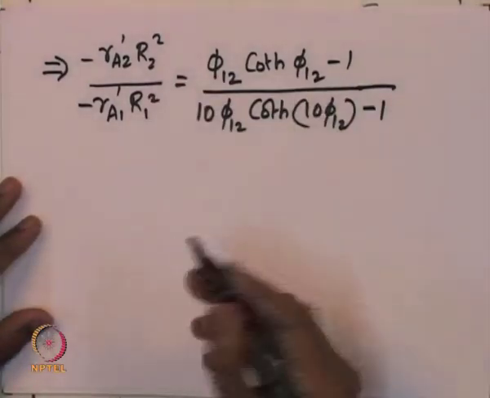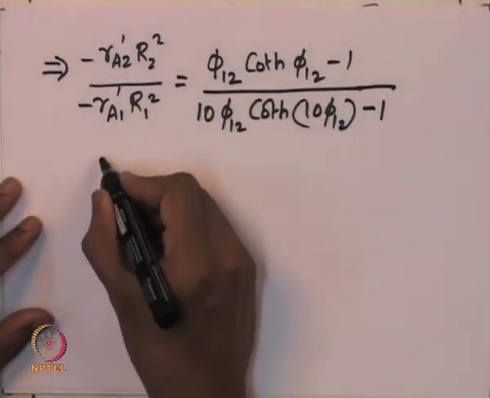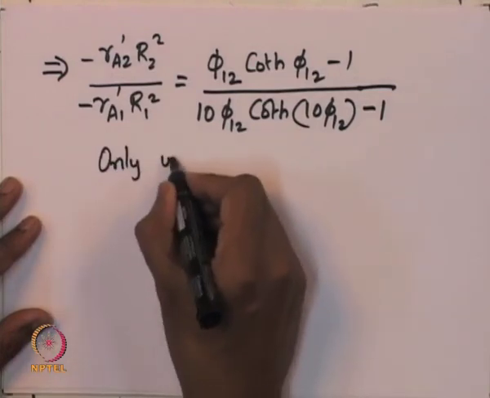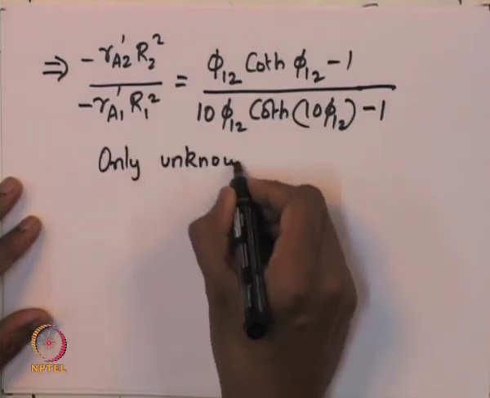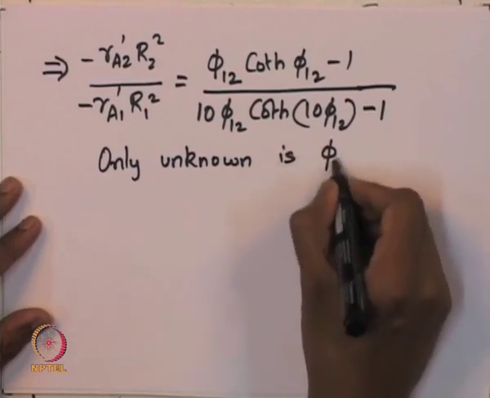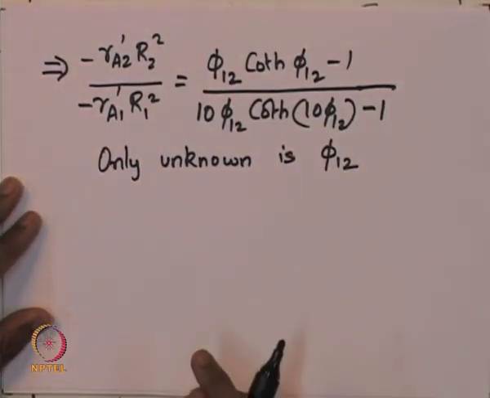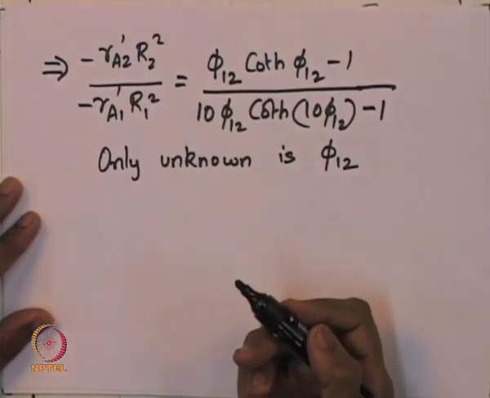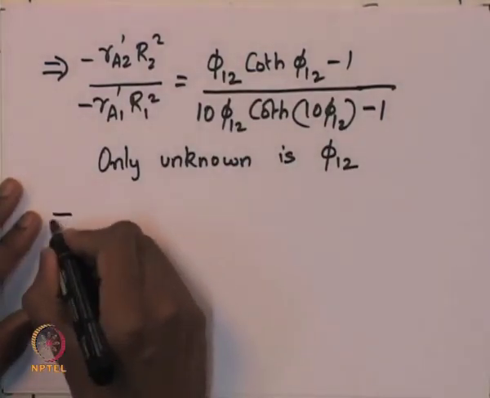So, all the information here is known, the only unknown variable is phi 1 2. So, we need to estimate phi 1 2 using all the other information that we already know. So, from here we can plug in the numbers.